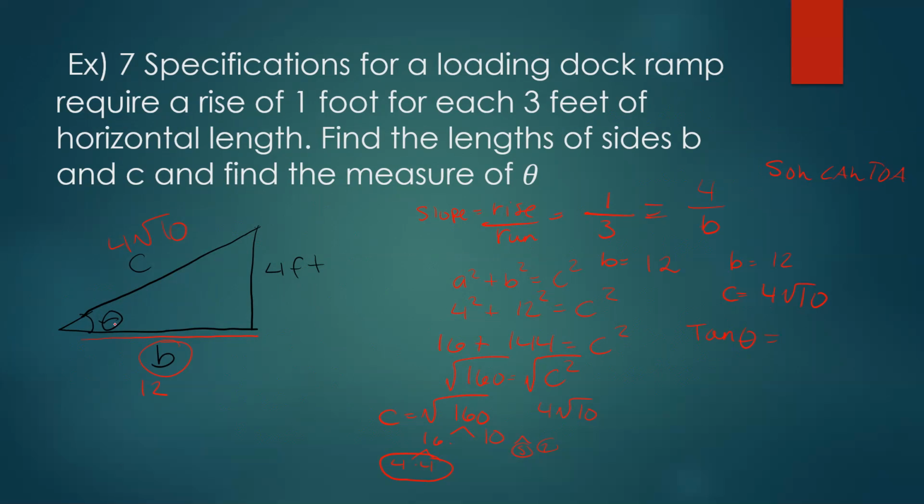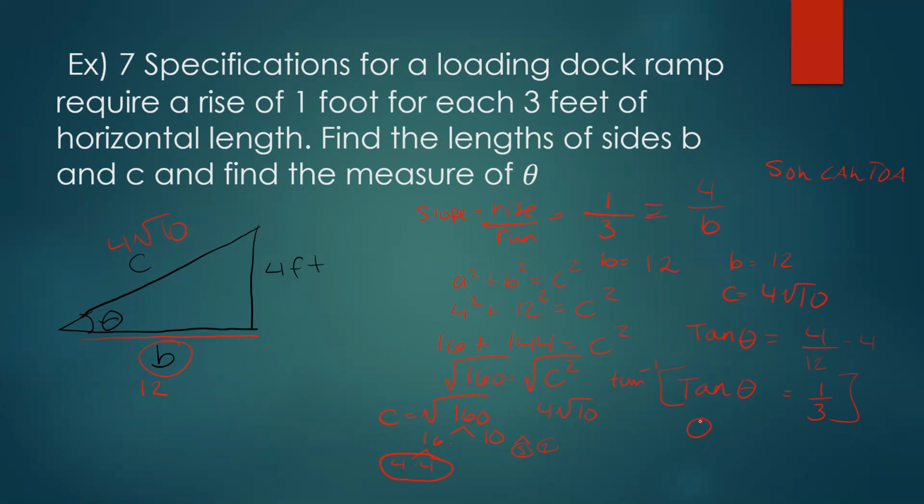So tan theta, here's my theta, it's opposite over adjacent. So where's my opposite side? It's 4. And then my adjacent side is 12. Now 4 over 12 can be broken down to 1/3, right? They both can be reduced by 4. Now, to find theta, you can apply tan inverse to both sides.